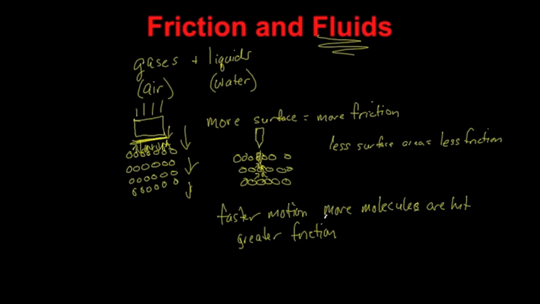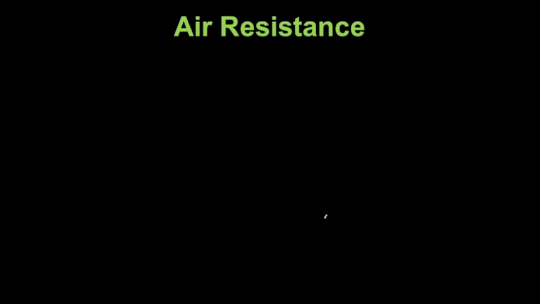Okay? Now, when we talk about hitting those molecules in the air, or we could even say water, if something's falling through the air, it's going to meet resistance of the molecules. So like we said, the faster it falls, the more molecules it hits. Now, as an object falls, it's going to gain speed.